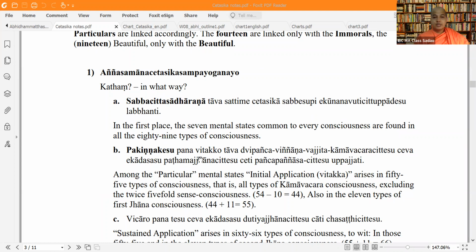In the first place, the 7 mental states common to every consciousness are found in all the 89 types of consciousness. So these are present in all 89 types of consciousness.